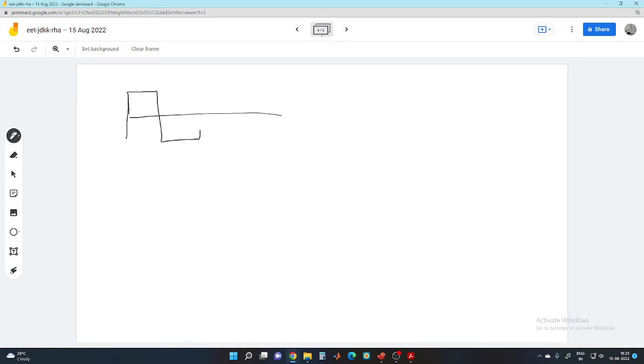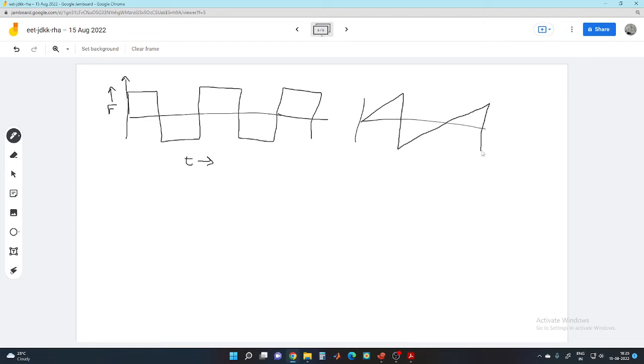So this is the usual solution when you have only one frequency component. But what if the force is like a rectangular wave? If this type of variation is there, it is also a periodic force. Or we have a triangular forcing like this, or any type of forcing for that matter.